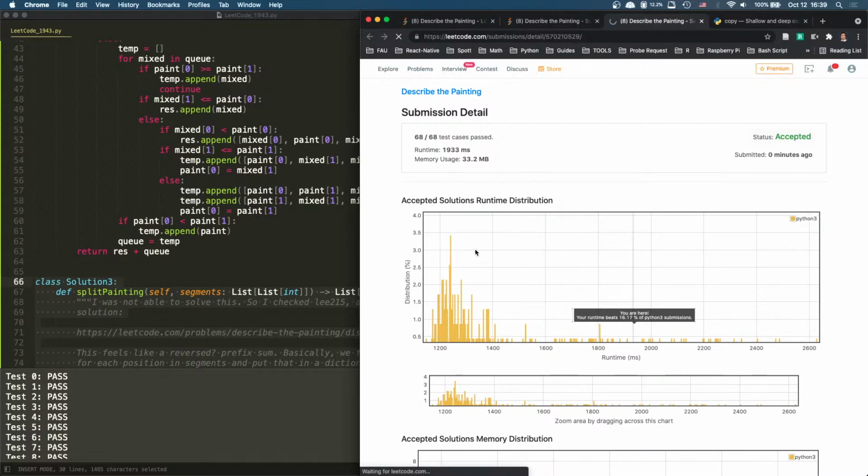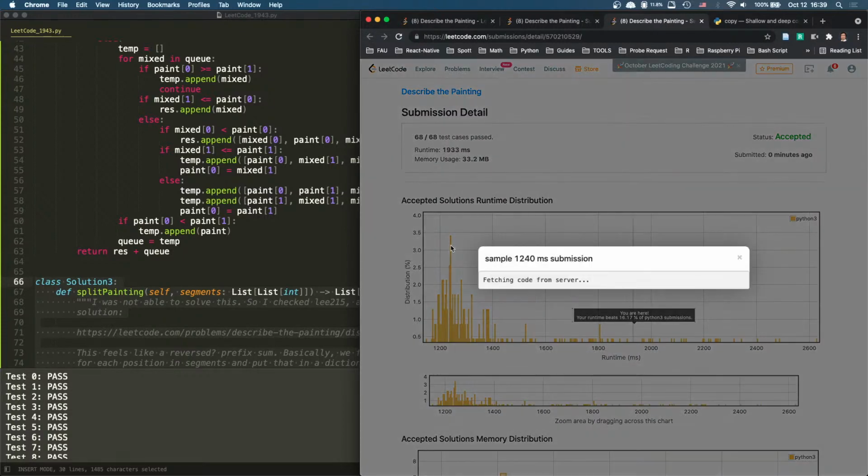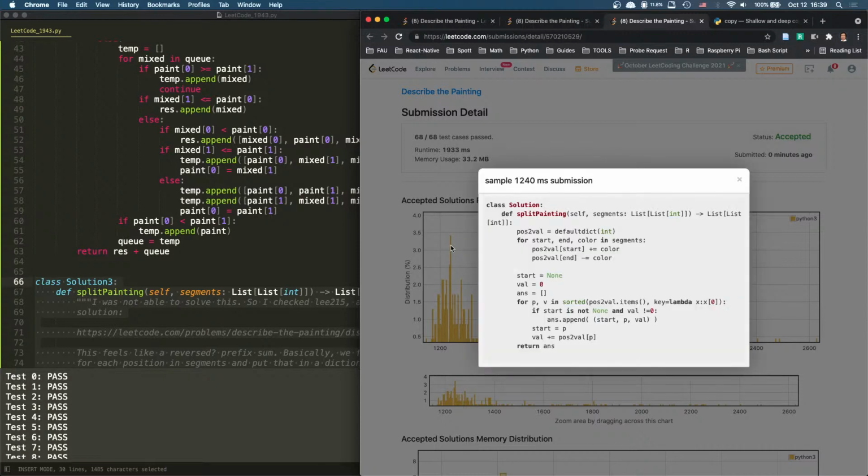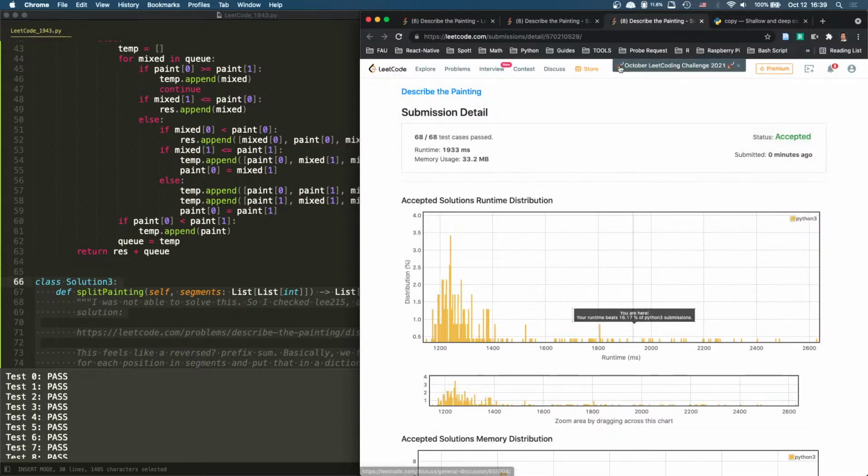Is there a faster way to do this? Plus, minus, not the same. But append, no, it's the same. It's the same algorithm.